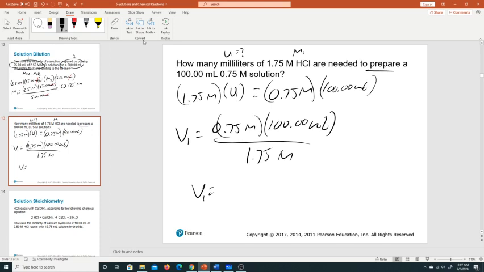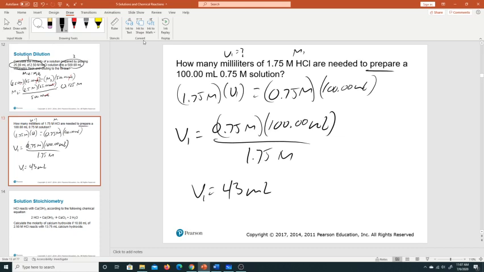And we get 42. Now to check sig figs, I need 2 sig figs. So actually 43 milliliters. So I take 43 milliliters of the original solution, put that into a 100 milliliter flask, and then fill to the mark, mix it, you would now have a 0.75 molar solution.